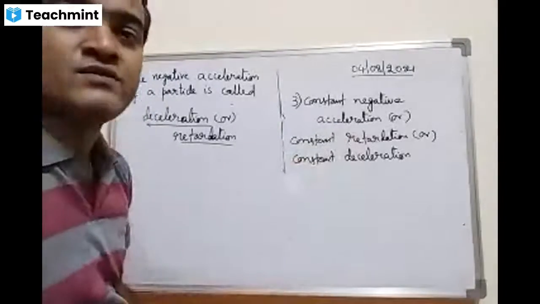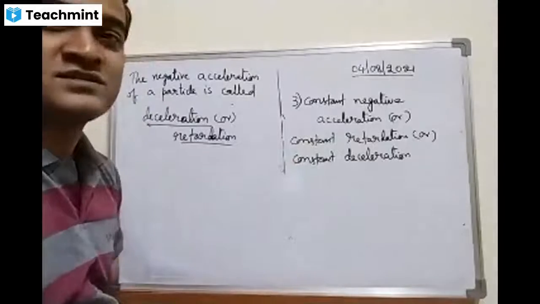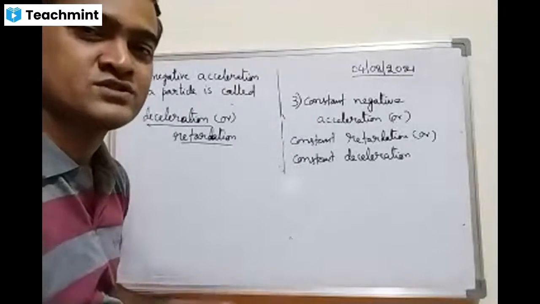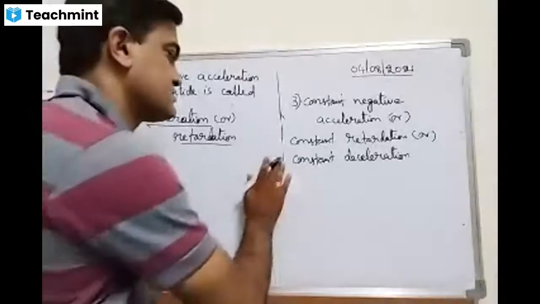So for constant negative acceleration, or constant retardation, or constant deceleration, you will get a graph like this.